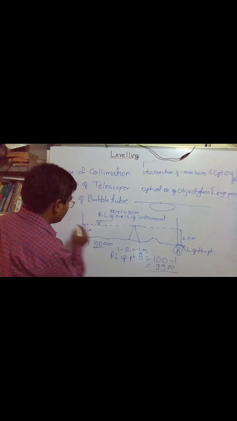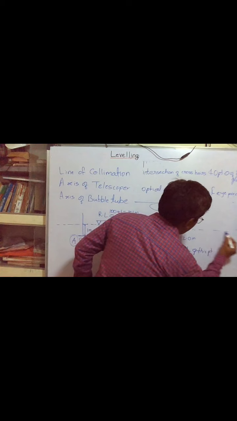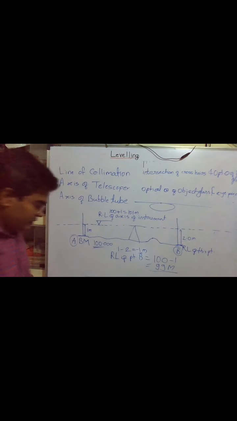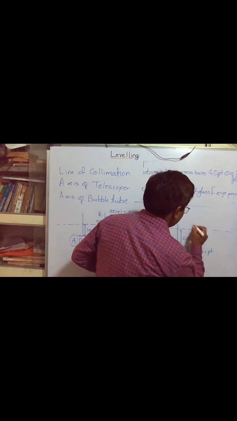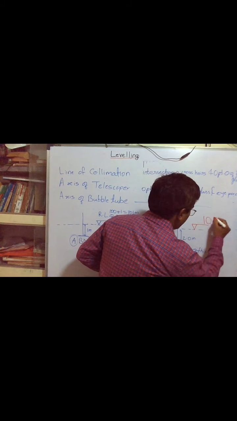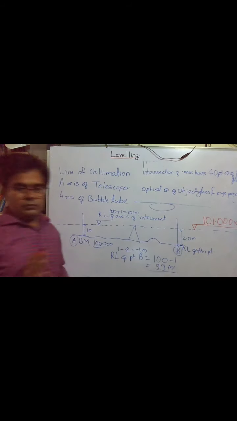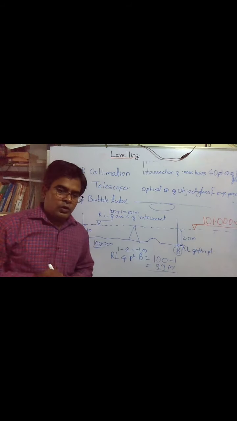So wherever this axis goes, what is the RL of this instrument axis? It is 101.00 meter. Did you get it? Okay.